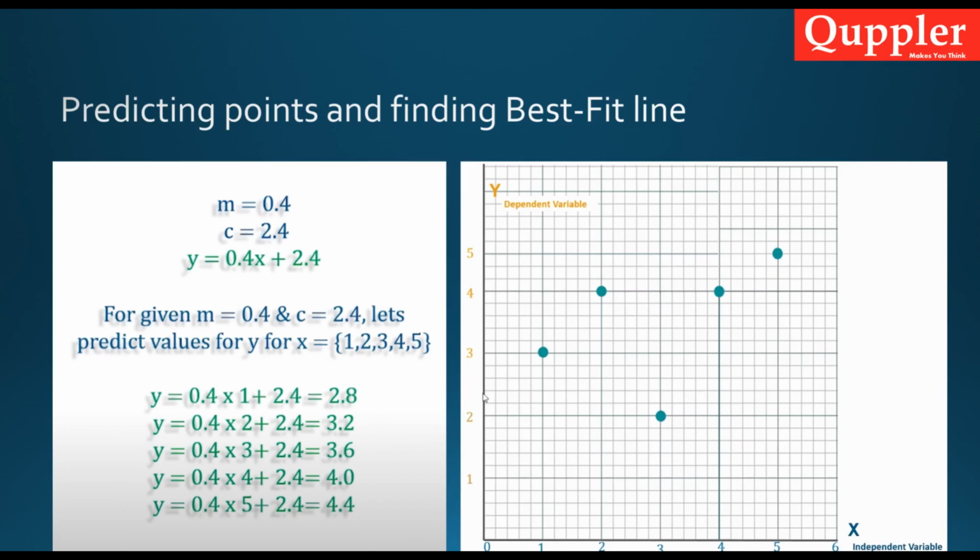Once we find it, we're going to plot that in a graph, and then draw the best fit line across it, which is going to cut at 2.4, which was our intercept. Once we found that, we're going to find the distance between the actual value and the estimated value. Then we'll see in the next slide how we can minimize this error.